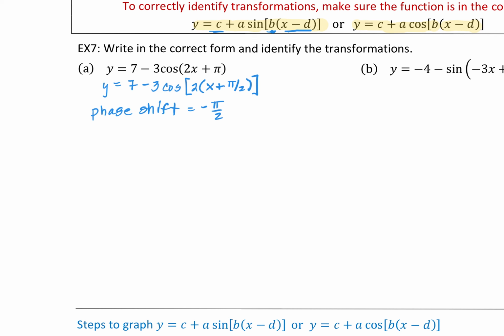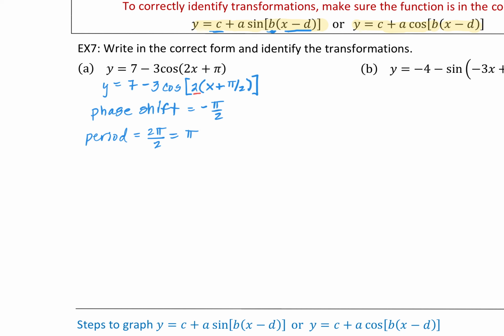The 2 that we have in front of the parentheses that we factored out, that's going to change our period. The normal period of cosine is 2 pi. So we divide it by that value of 2, and now our period is pi.